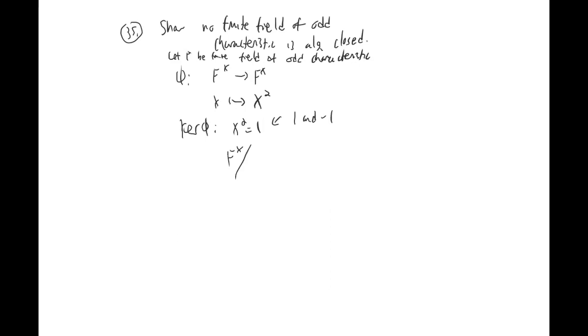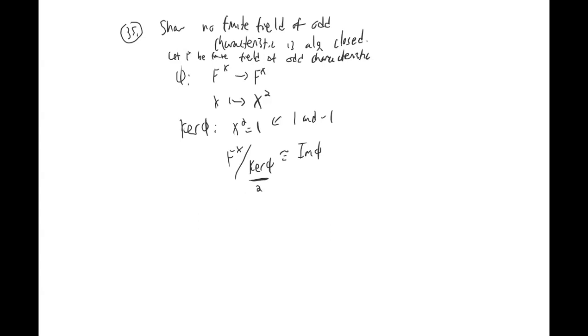So by the first isomorphism theorem, or I guess the book calls it the fundamental homomorphism theorem, this is true. And since the kernel has order 2, the image has order half the group, in a sense, almost half.